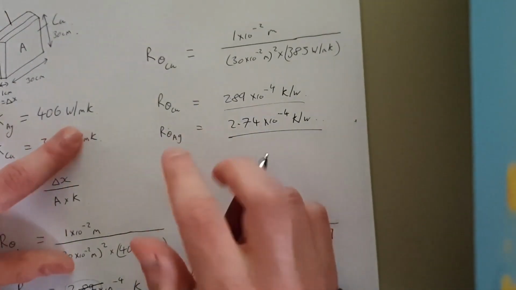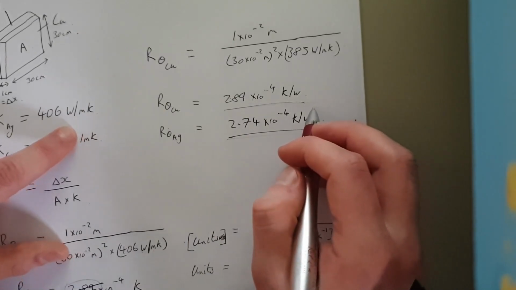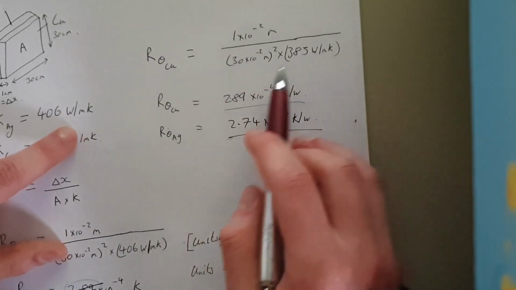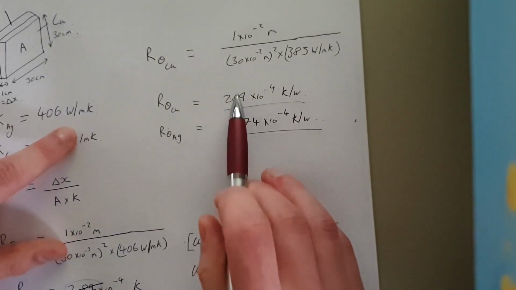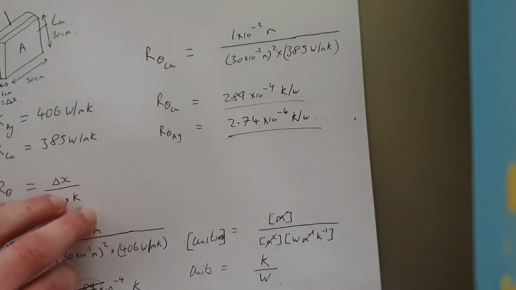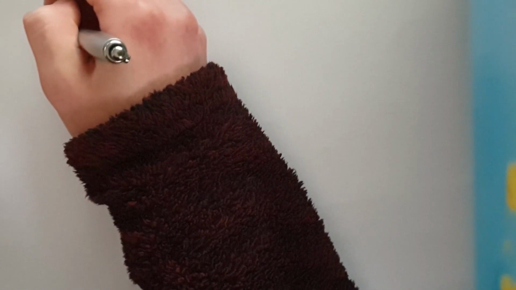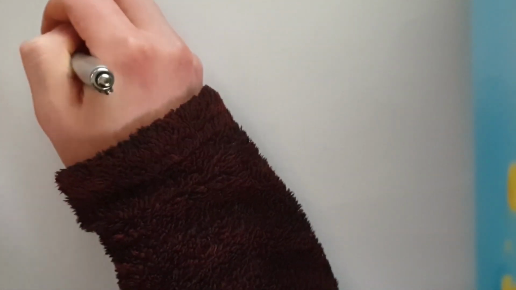Okay, so we just finished with, those are the two answers for the thermal resistance. Definitely plug in the numbers and make sure you get the same as I did, or be confident in the ones that you got. And then we can move on to what's the overall thermal resistance. So the overall thermal resistance, if you think about it, similar to circuits, so you've got two layers.